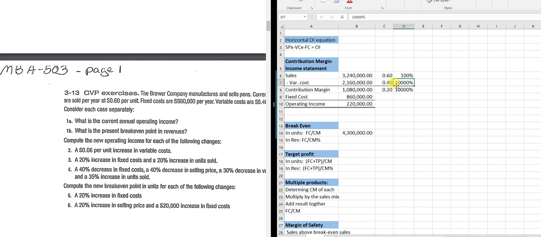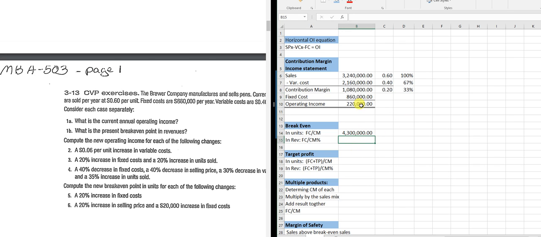And then I want what percentage variable costs are, as a percentage of sales. So for every sales dollar, 67% is variable cost, and 33% is my contribution margin.